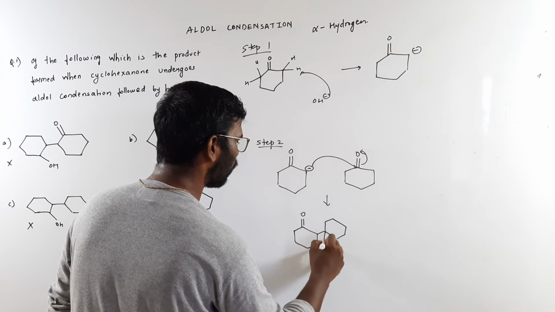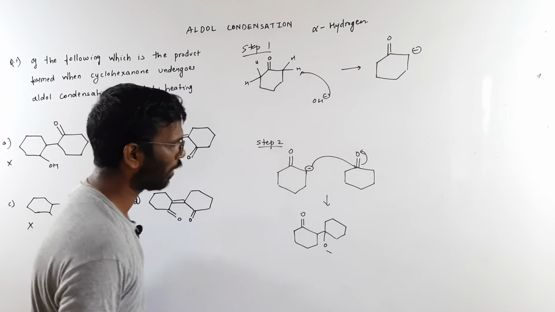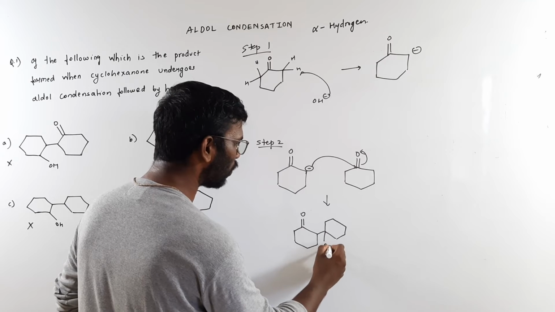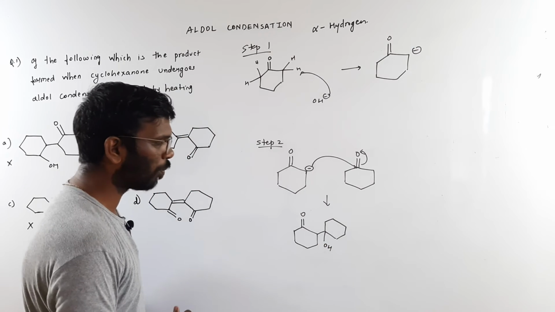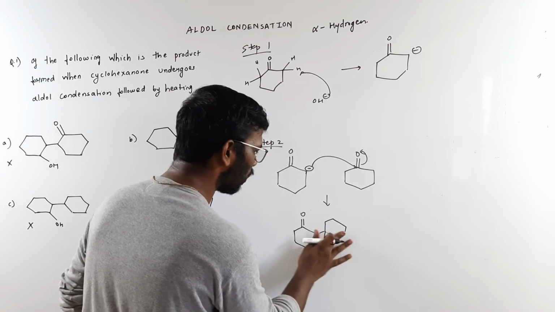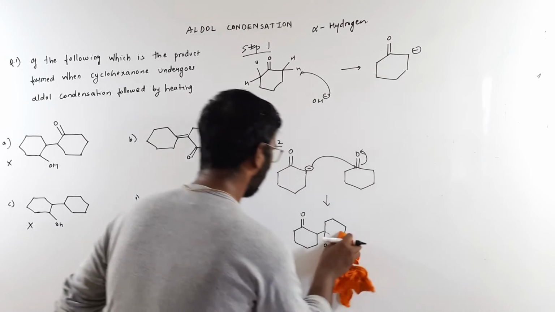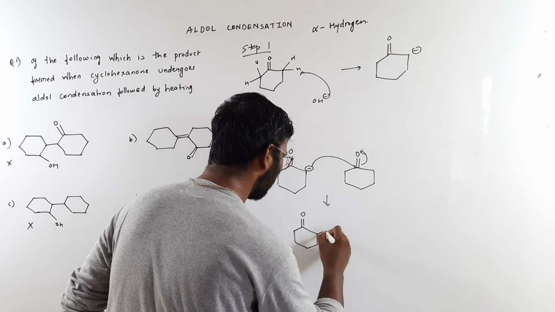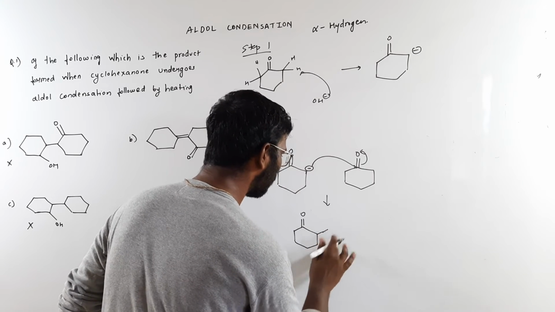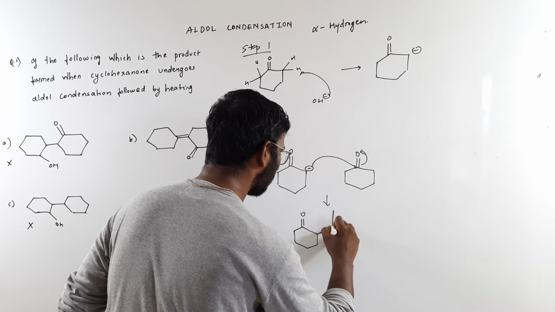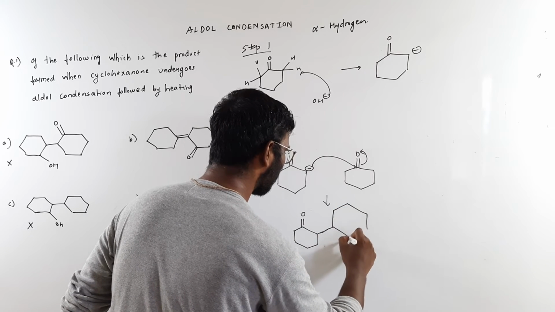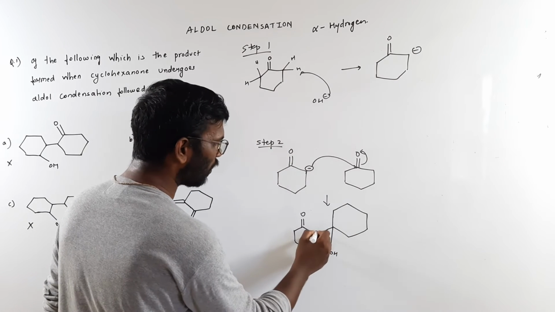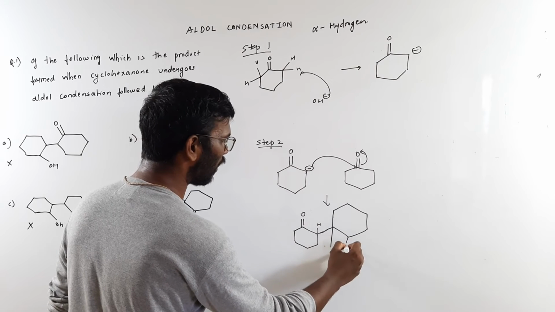This will change to O minus, and in the further step it will change to an acid. Now, where will the double bond be formed? You understood where the OH is forming. O minus will change to OH. Here I am drawing it a little bigger. So after dehydration, this hydrogen could be removed or this hydrogen could be removed.